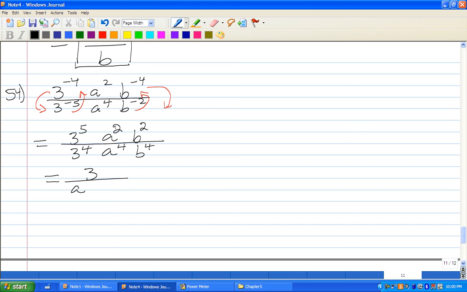Since 4 is bigger than 2, 4 minus 2 is 2. I have b to the 2nd and b to the 4th, and so b will be in the denominator. And again, 4 minus 2 is 2. And so this is 3 over a squared b squared.